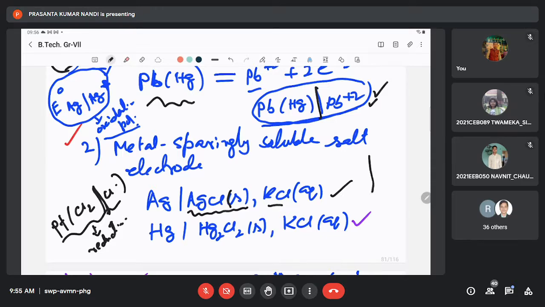So this is silver, and its plate is coated with solid silver chloride, and then the whole thing is immersed in an aqueous solution of potassium chloride.